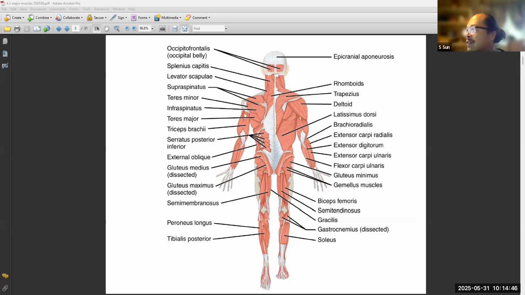This muscle has the tendon all the way down into the back of your hand. Extensor carpi ulnaris, and then the flexor, which goes to the front of the palm. Flexor carpi ulnaris. So that's the arm portion.